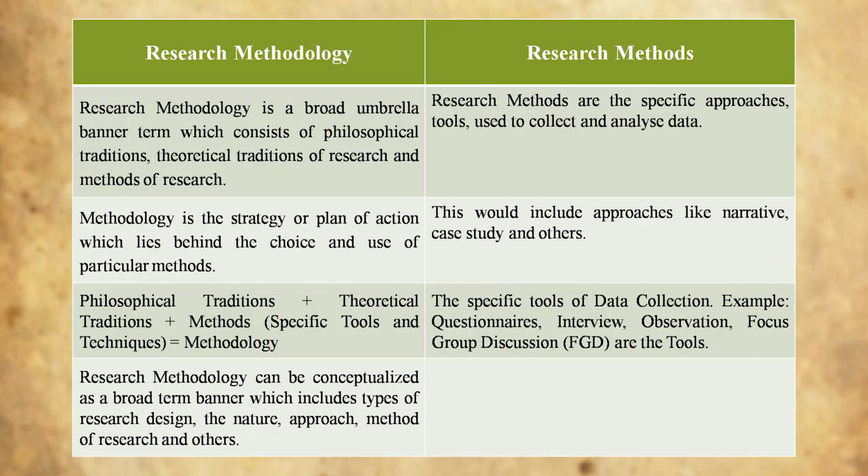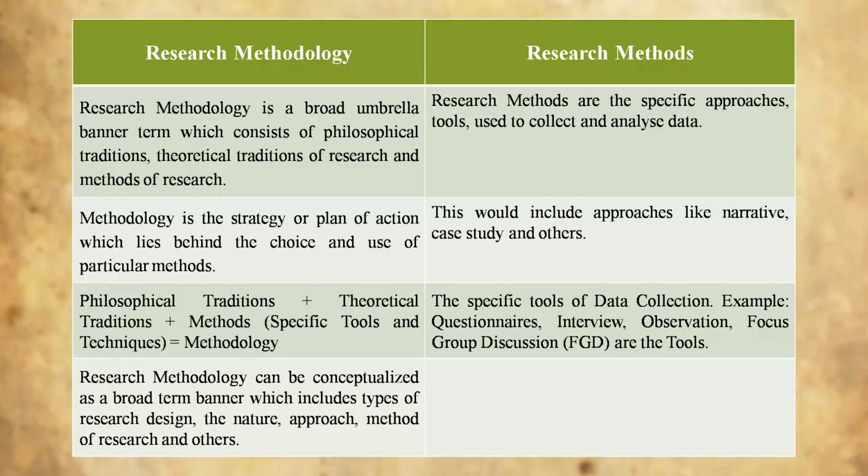But on the other hand, research methods are very specific: the approaches, the tools, the data collection process, analysis, those things. The approaches in research methods can vary. It can be narrative, it can be case studies, it can be surveys, and there are many others as well. The tools of data collection can range from interviews to observations to focus group discussions and many other tools that are there in research.